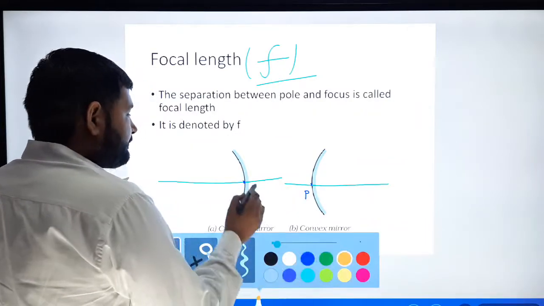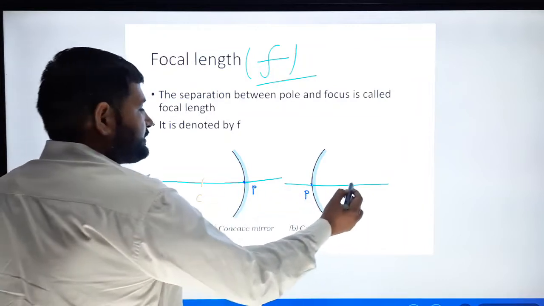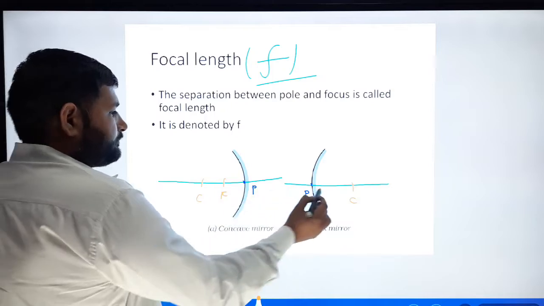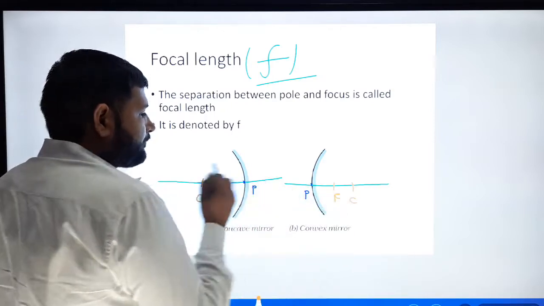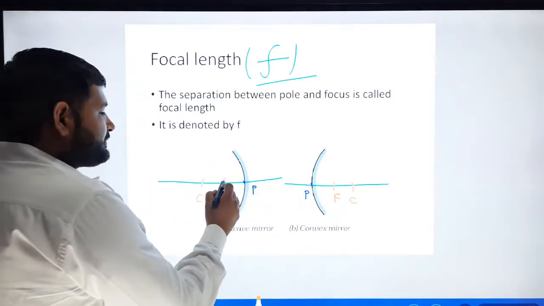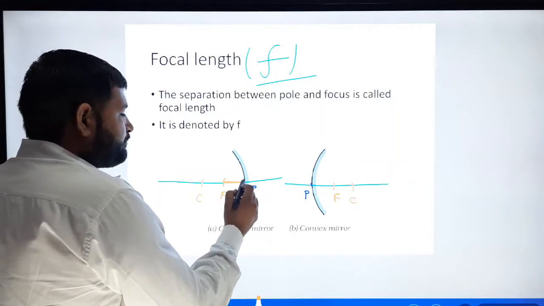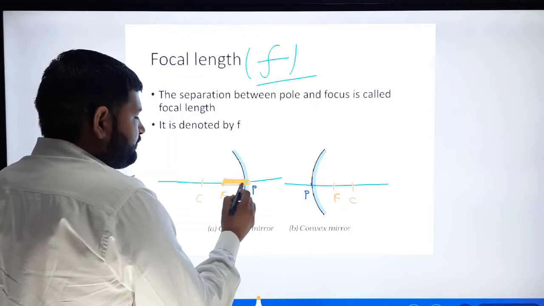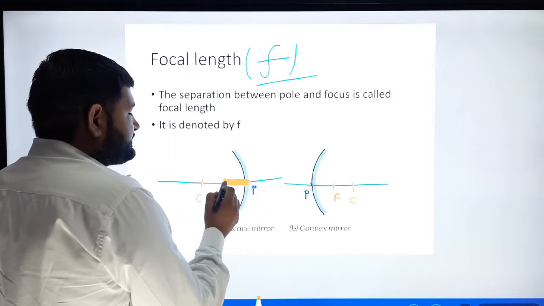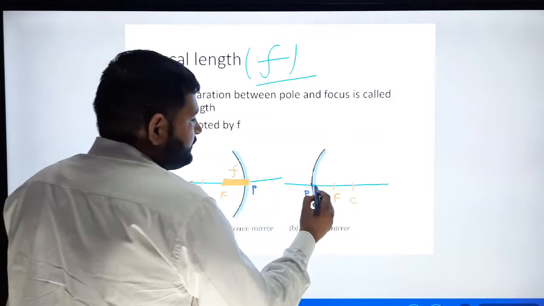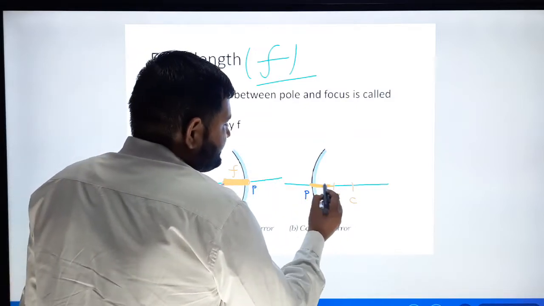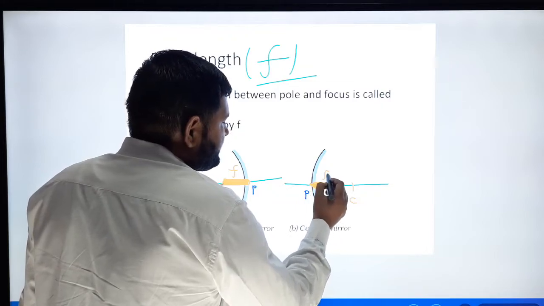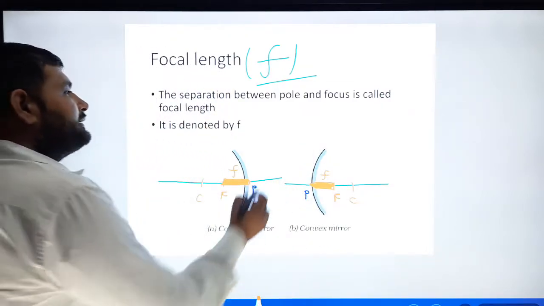Now we will mark the center of curvature and focus. And what is focal length? The distance between pole and focus. The distance between pole and focus is called focal length. So this distance or this separation between the pole and focus is called focal length.